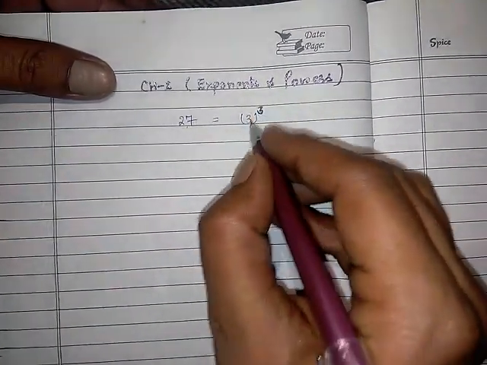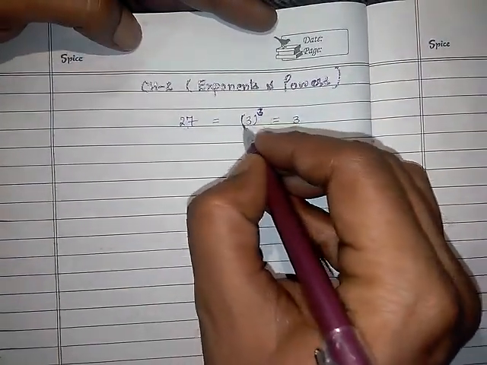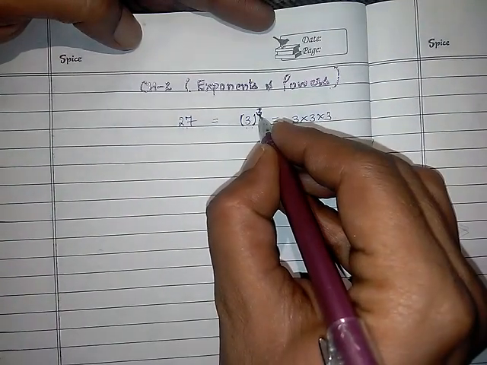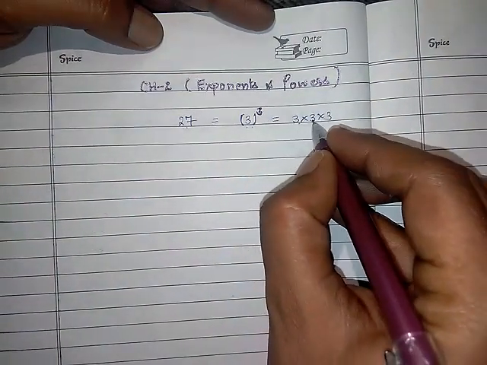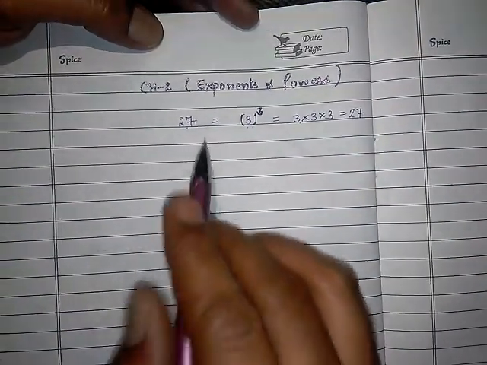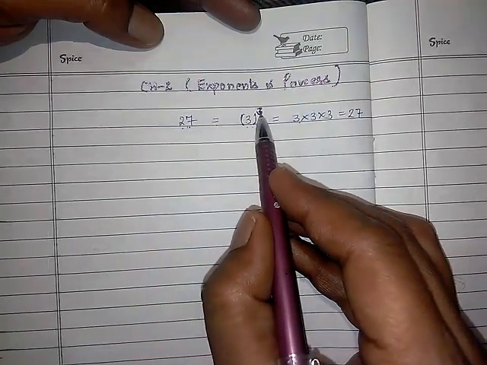So 3 raised to the power 3 means this 3 which is inside the bracket will be repeated how many times? 3 times, right? So 3 into 3 into 3 will give you 27. So we can write 27 is equal to 3 raised to the power 3.